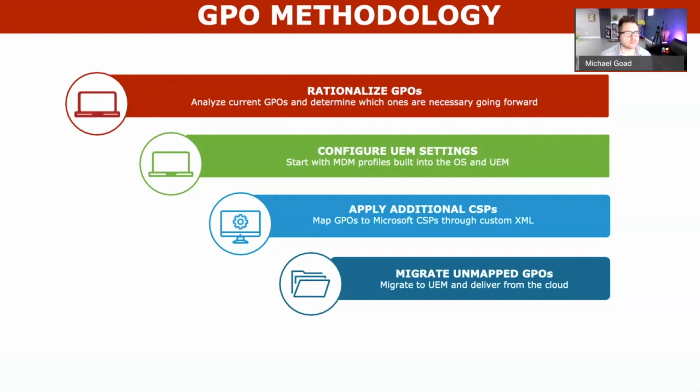So that's the green layer there. Which of our GPOs have a cousin, have a twin, if you will, on the UEM side? Cousin's probably not great, a twin. So we just start using a UEM setting. Second, you're going to start to go, all right, maybe there's not a direct correlation there. What about using Microsoft CSPs, rationalizing the GPO to a CSP and building that into the framework? Ultimately, be prepared that some are not relevant or not possible to migrate, and you'll then start to deprecate those GPOs.